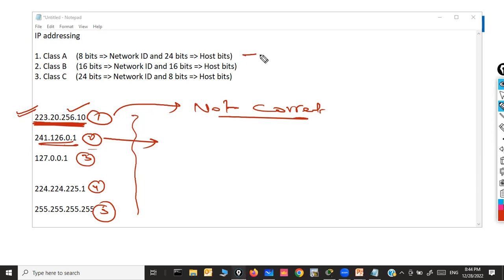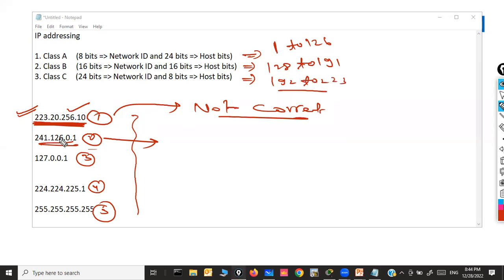Because if you remember, what is the range of class A? The first octet, 1 to 126. Correct. What is class B? It was 128 to 191. Good. And class C, 192 to 223, right?